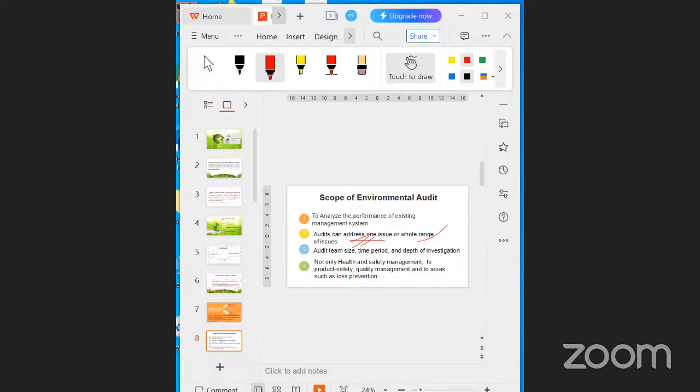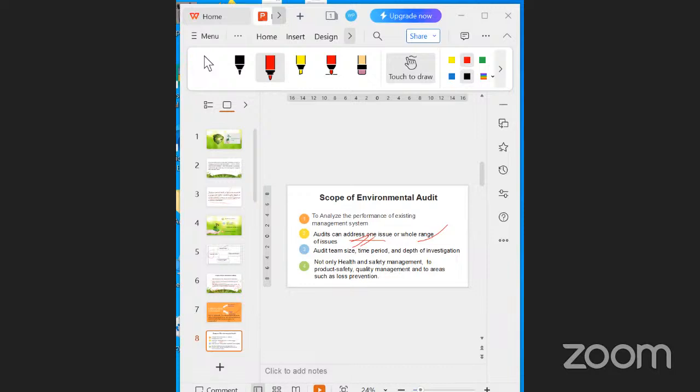Suppose there is a small audit, which means a small company. So the audit team will be smaller in size. If there is a large scale audit, then the audit team will automatically have experts from different arenas, meaning particular stages of activities, and the size of this team will be very big.